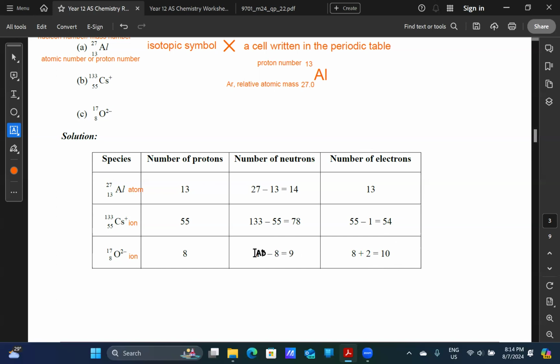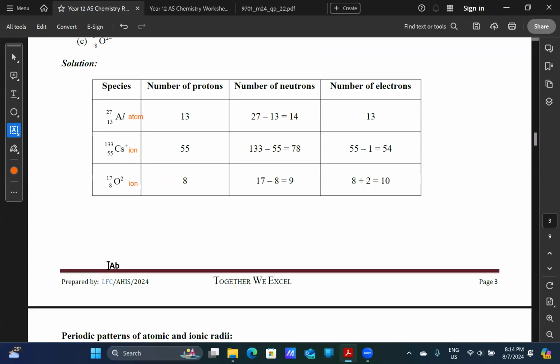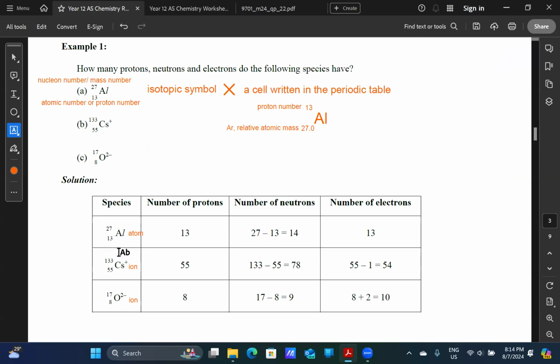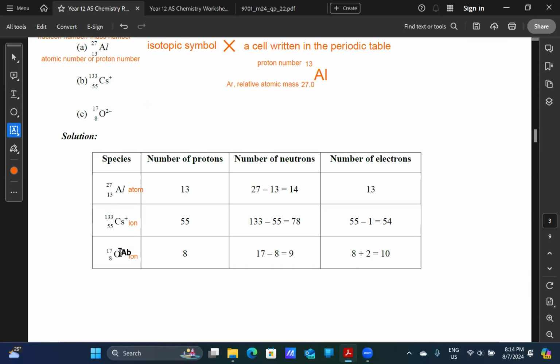Then to find the number of neutrons in the oxide ion, you need to find the difference between mass number and proton number. So 17 minus 8 equals 9. The number of protons you can refer to its atomic number or proton number. So that is the end of the part regarding number of neutrons.